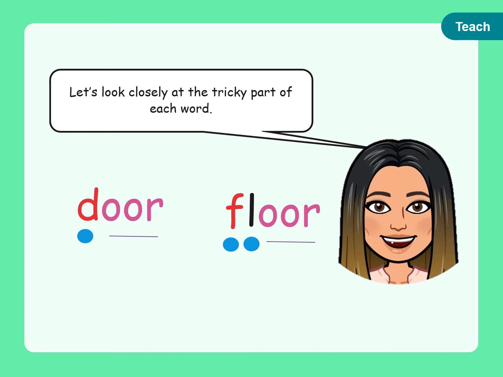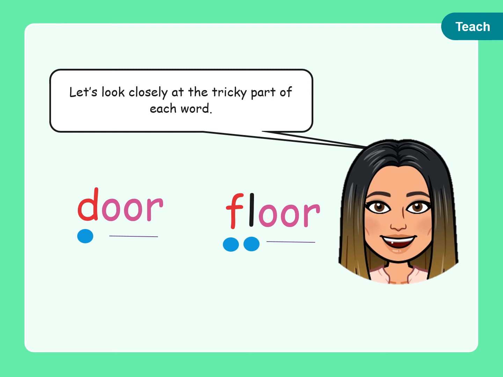No, so it's not either of those, and that's what makes this trigraph very tricky, because we say this trigraph as or. Have a go at saying that now. Or. Let's sound it out. D, or, door. Let's look at the next word. F, floor, no. F, flu, no. So what is it?